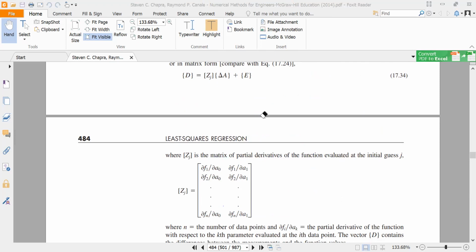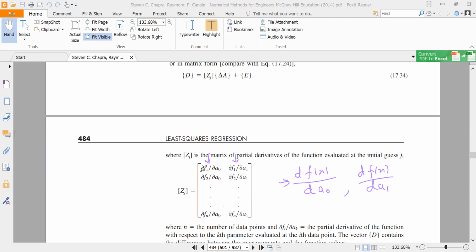Now the thing is how many rows and columns will be there in your matrix. We made a preliminary discussion earlier. Here in this case, we have two unknowns, A1 and A0, so you will have two columns there. What you need to do from your original function f(x) is take the derivative of f(x) with respect to A0, and the derivative of f(x) with respect to A1. Then you calculate this derivative for each of your data points.